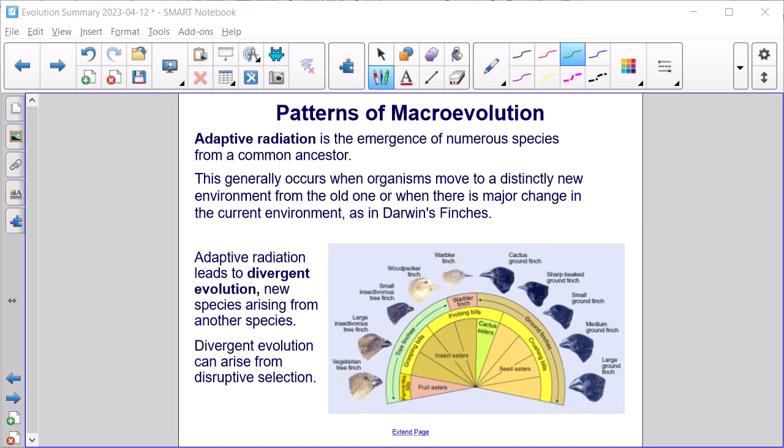This generally occurs when organisms move to a distinctly new environment from the old one, or when there is major change in the current environment, as in Darwin's finches. Adaptive radiation leads to divergent evolution, new species arising from another species.